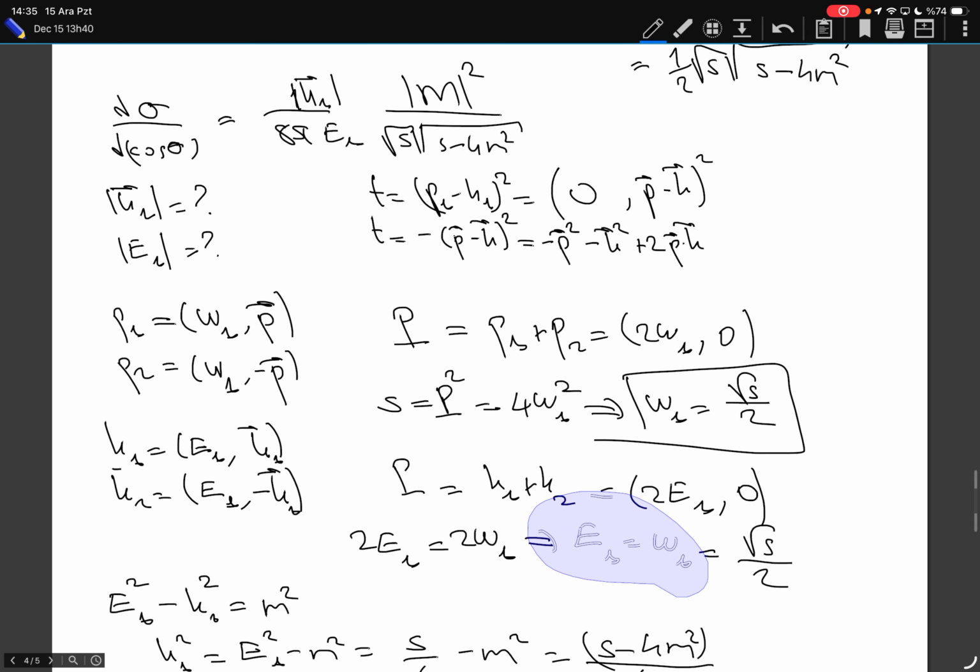But this tells me one more thing. The magnitude of P and magnitude of K, they are equal. So this T is equal to minus twice P squared 1 minus cosine theta.